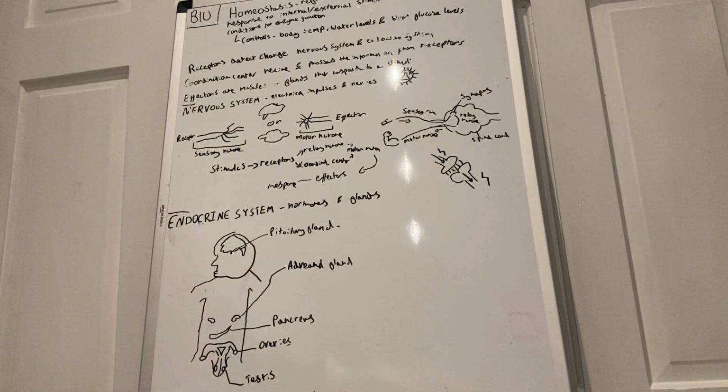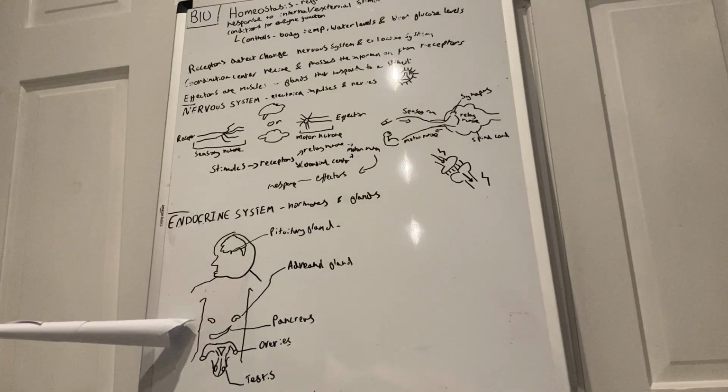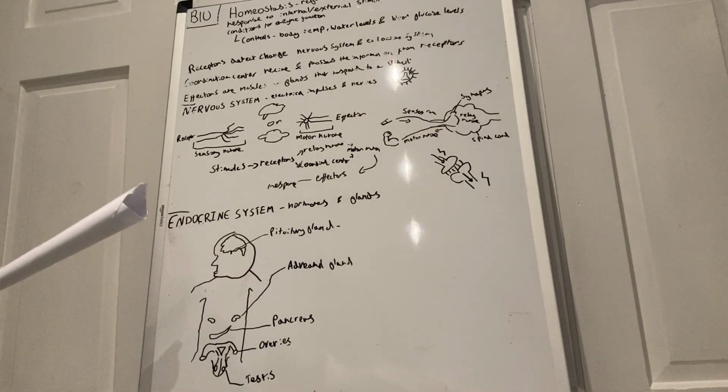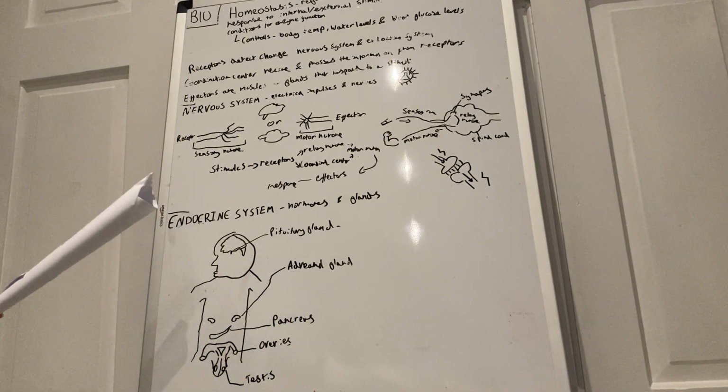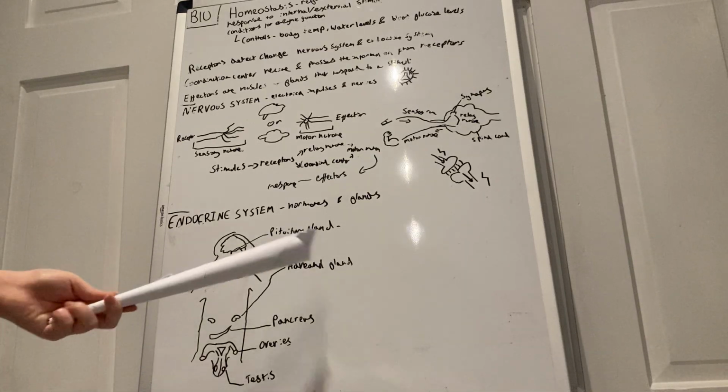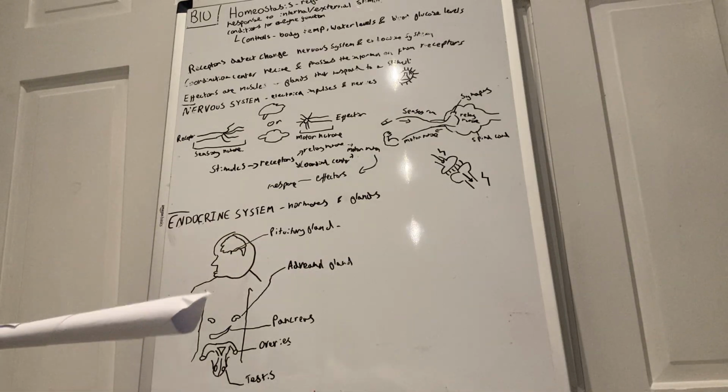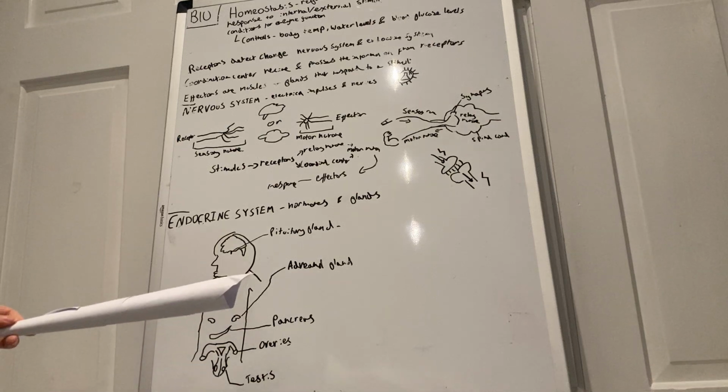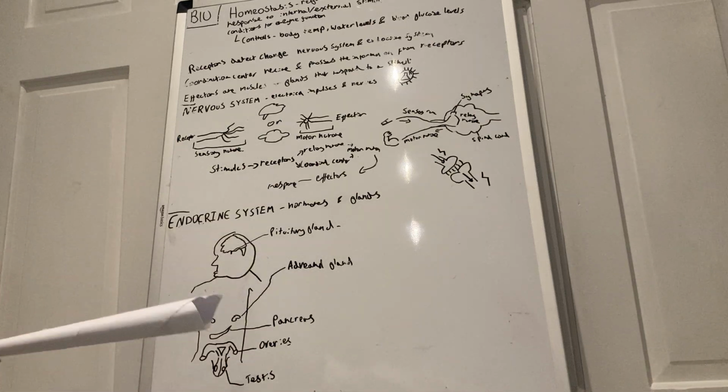Now, the adrenal gland, which is these little two things right here, they prepare the body for stressful situations. So it's your fight or flight response. So if you see like a rabid dog and you're running from it, basically.